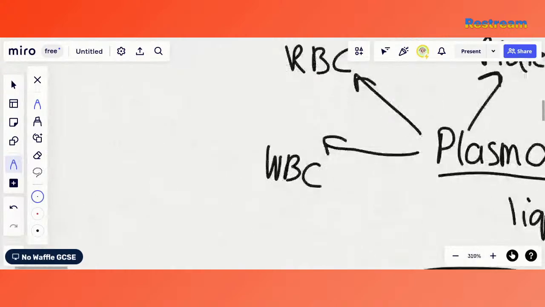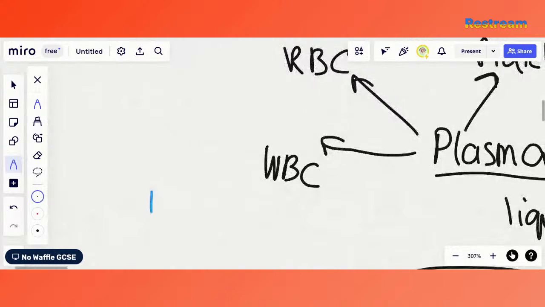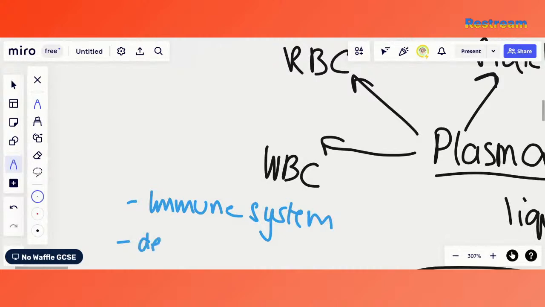Let's see. So white blood cells are part of the immune system, which we'll look at in the next topic tomorrow. They're part of the body's defense system. They actually have three functions, which we don't have to talk about now, but let's just introduce it.